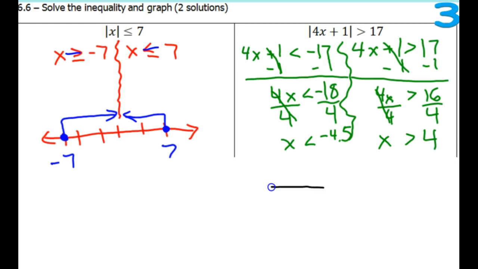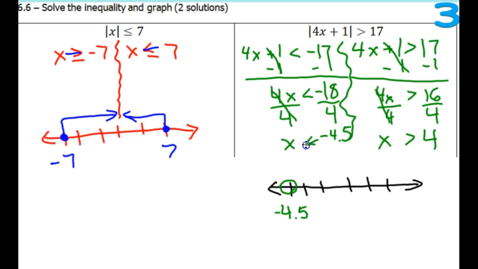If we graph this, we need to create our number line. Our first one is going to be an open circle at negative 4.5.